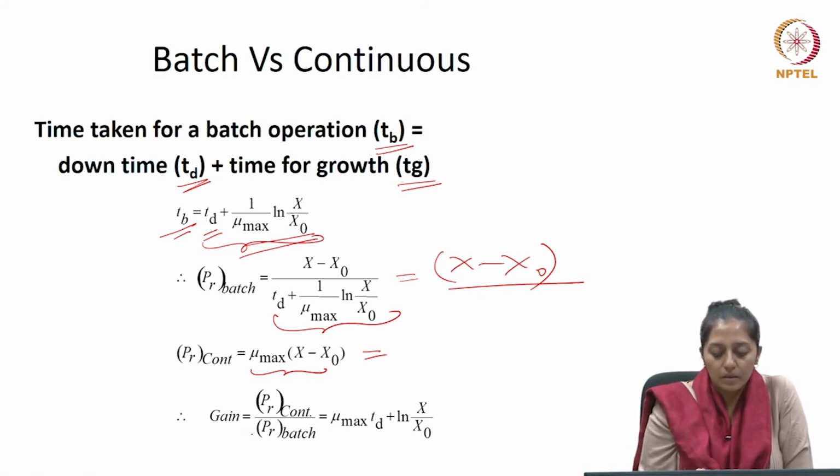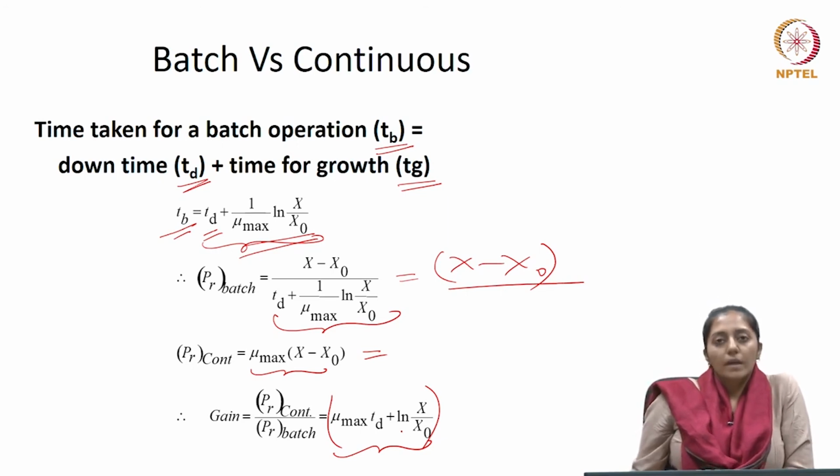So, if you want to know the gain in productivity while running a continuous reactor versus a batch reactor, we divide the productivity obtained in continuous by the productivity obtained in batch, and this amount is the gain which we have in the productivity when we run a continuous reactor.